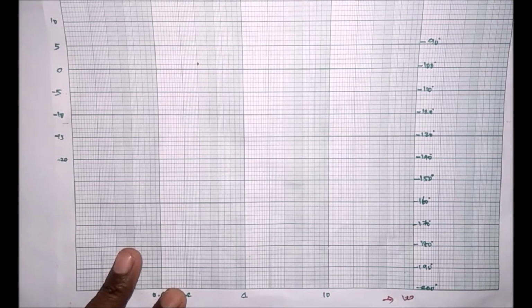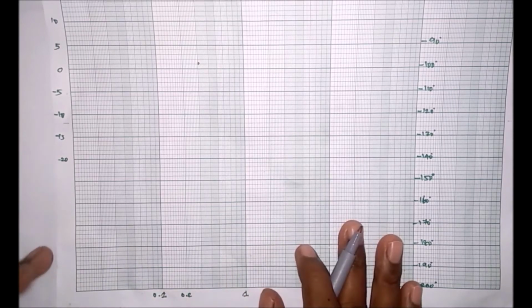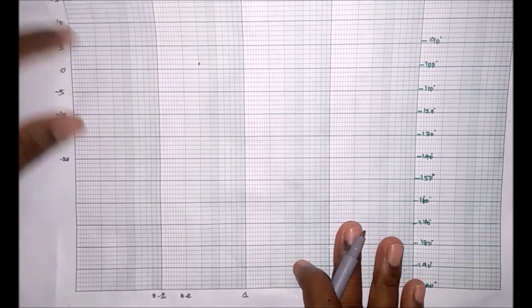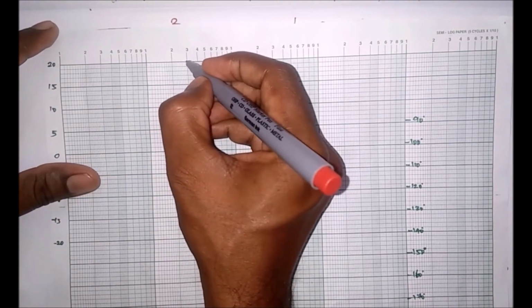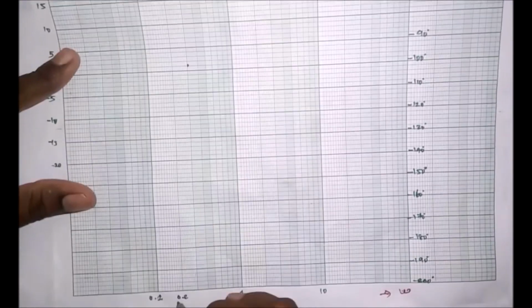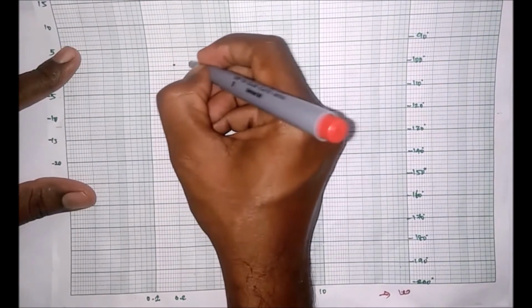Then for the magnitude plot, magnitude equal to 20 for omega equal to 0.2. So this is the first point.